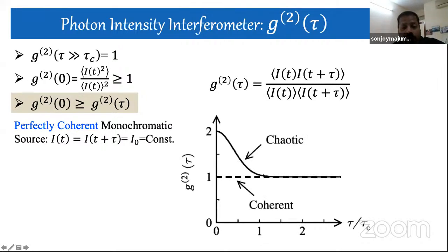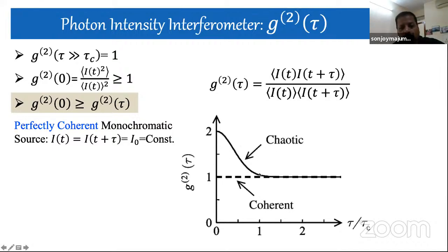So when there is perfectly coherent light, we get G2 equal to 1 throughout the time. But for the chaotic light, at tau equal to 0 we get some maximum value, and after that it slowly deteriorates. When tau becomes tau c or more, it becomes 1 once again, as we understood from the expression. The period where it was large is actually a superposition, or some people say the chaotic region, of the light.